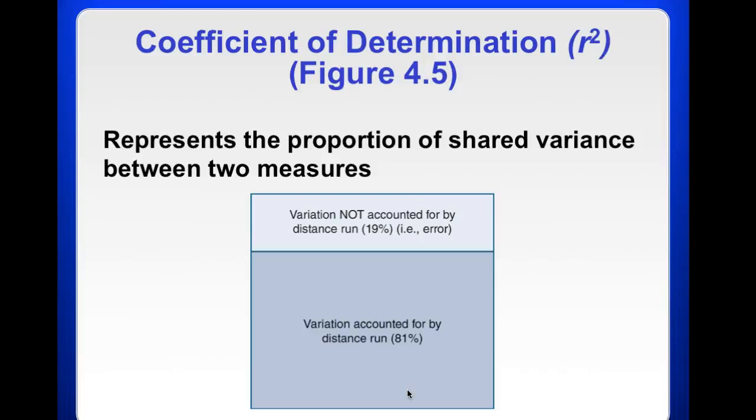And if you turn that into a percentage, multiply it by 100, it's 81%. So essentially, what it's saying is that 81% of that VO2 max score can be accounted for by that distance run. The other 19% could just be by chance. And your author explains this as residual error, and we'll get into error a little bit later on in this slideshow.